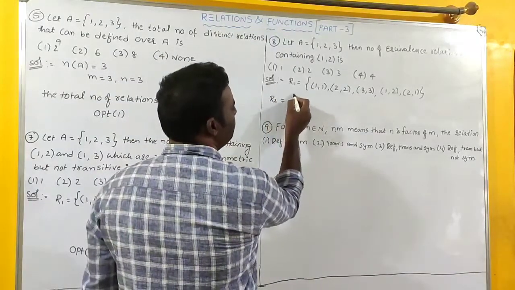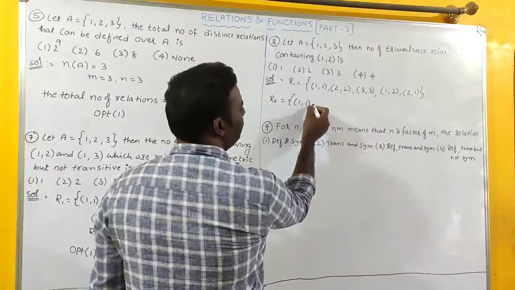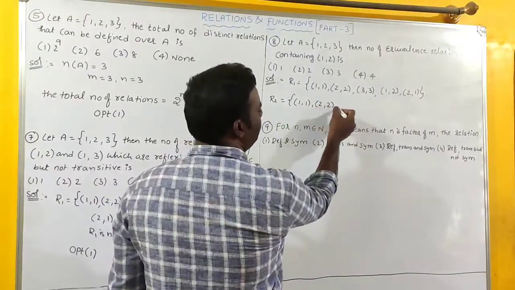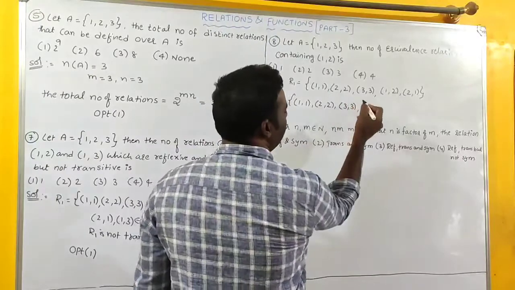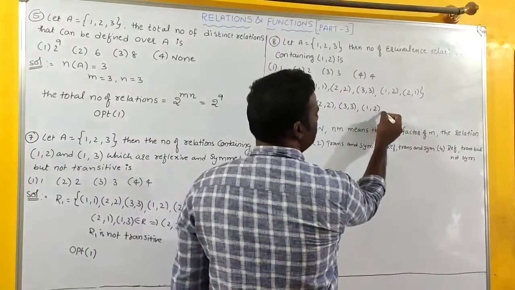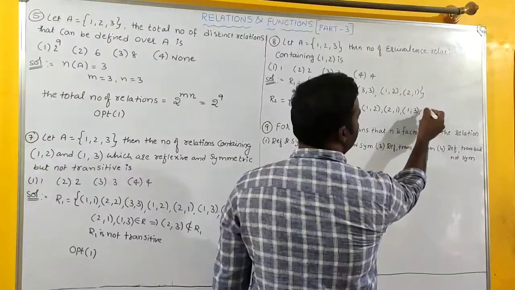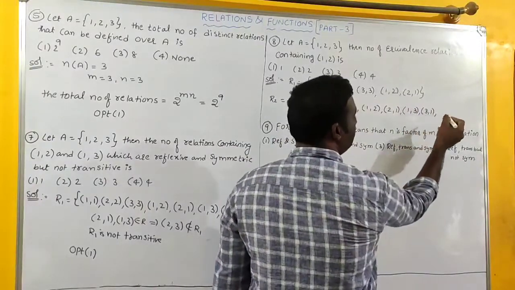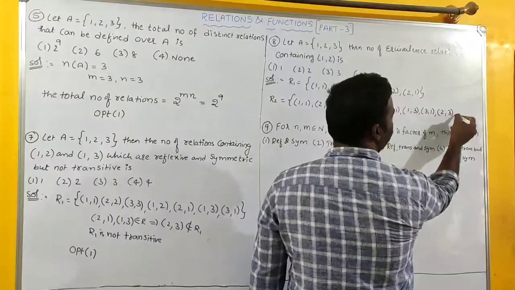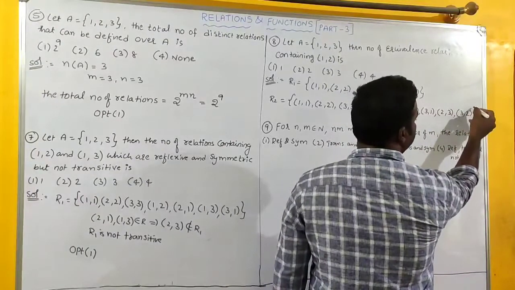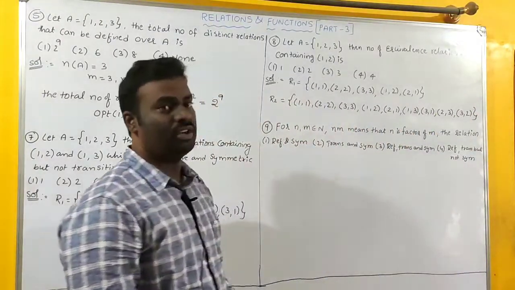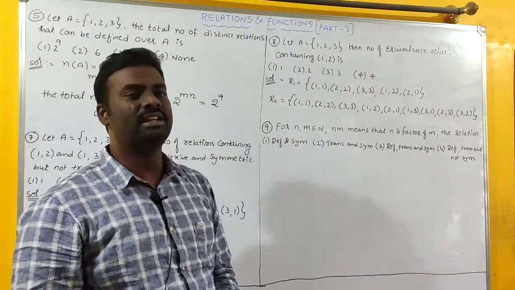R2 is equal to (1, 1), (2, 2), (3, 3), (1, 2), (2, 1), (1, 3), (3, 1), (2, 3), (3, 2). First, you need to check it is reflexive.